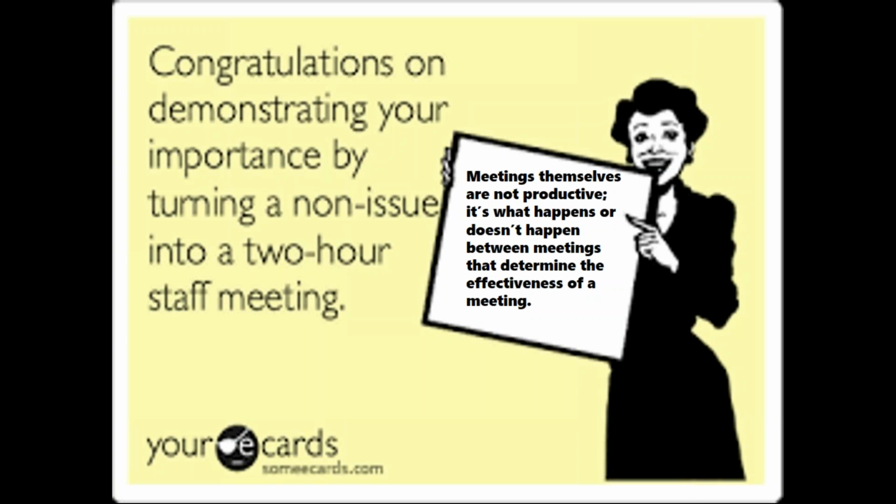You can also have a very ineffective meeting where nothing has happened after the meeting, and we've all been in meetings where that's occurred. So we want to make sure that what happens between meetings justifies the fact that we are downing tools to meet in the first place. So I just want you to think about that for a moment.